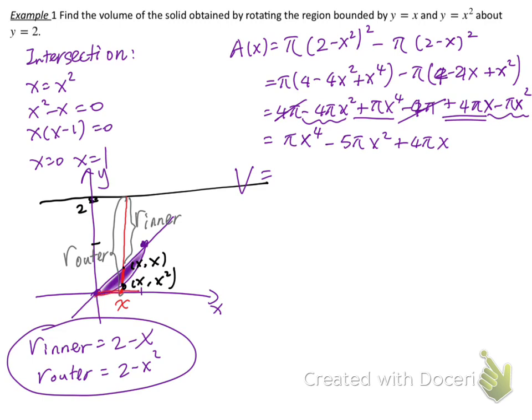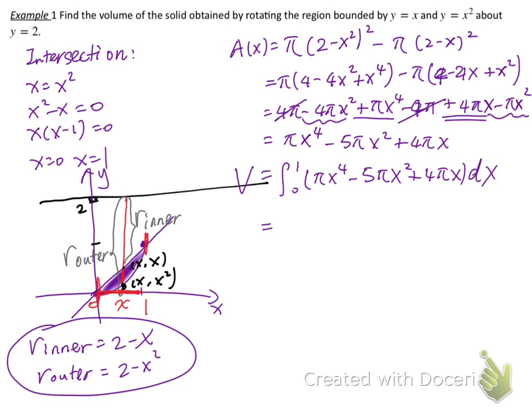Then the volume is, notice our range of x is from 0 to 1. You have 0, you have 1, right? So the volume will be on this whole range. From 0 to 1, you integrate this A of x, and of course that's dx.